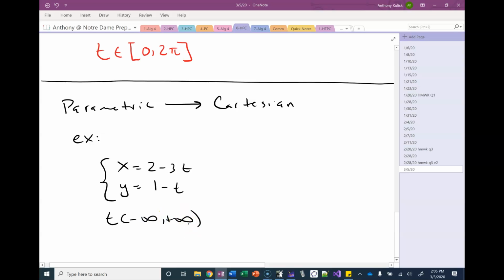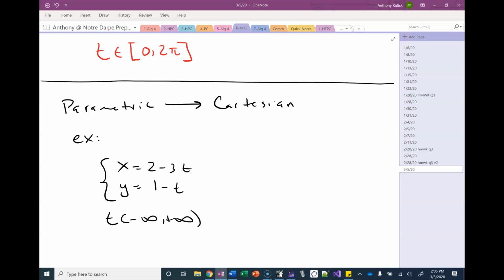So let's say we have this parametric function, and we want to get this into Cartesian form. How many variables do we have in a Cartesian form equation? 2. What are the two variables? x and y, right? Everybody's okay with that?